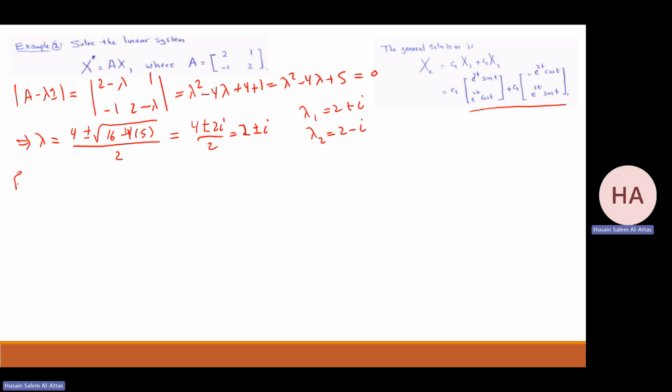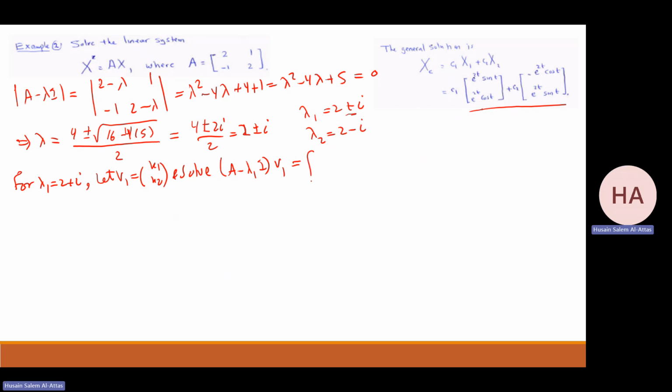Okay, now I'll work out lambda 1, 2 plus i. Usually I work the one with the plus. I let v1 be k1, k2 and solve this system. Let me leave it: A minus lambda 1 I times v1.